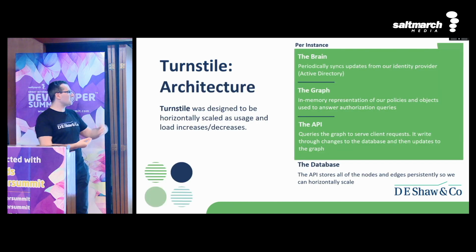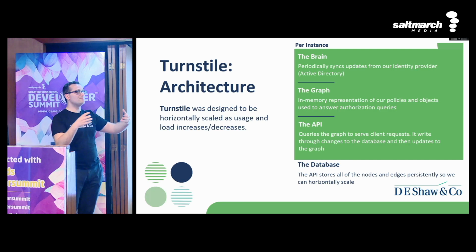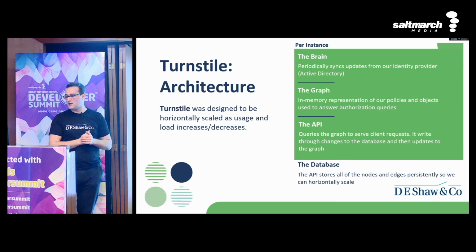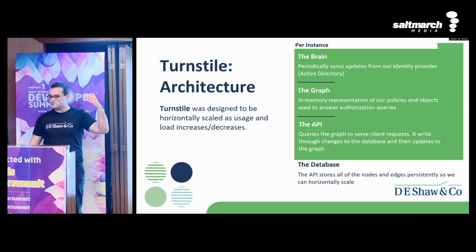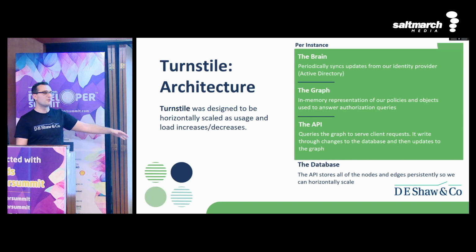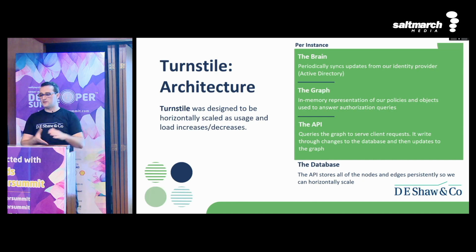So let's talk briefly about the architecture of the system that we made, and how we designed it in such a way that it can be scalable and support different needs at different times. What we have is a source of truth for our nodes and a source of truth for our edges, which is our database.